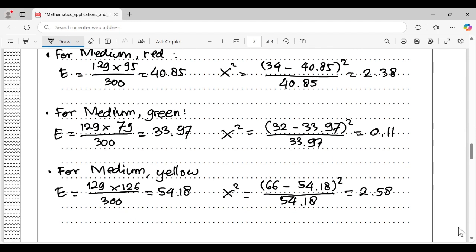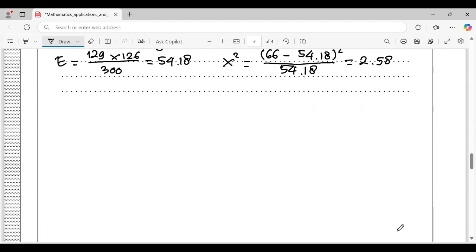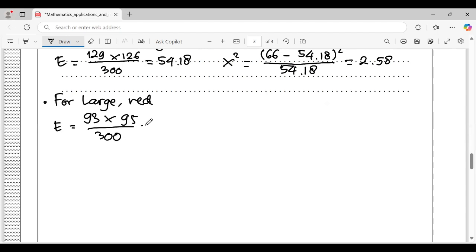And the next, large red. For large red, the expectation is 93 times 95 over 300, 29.45.